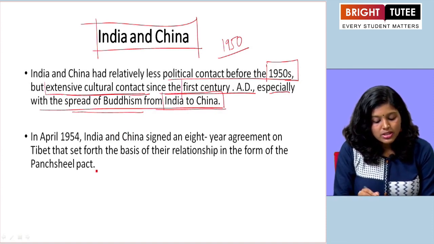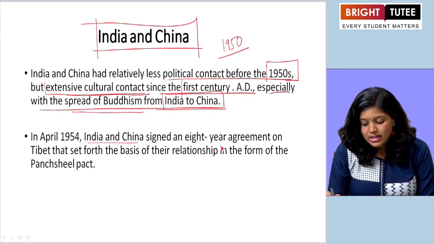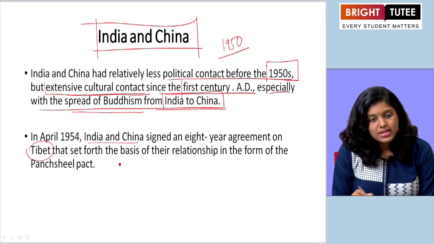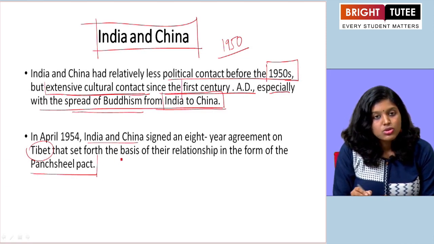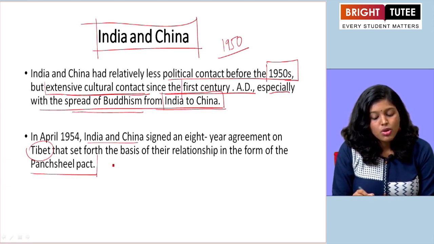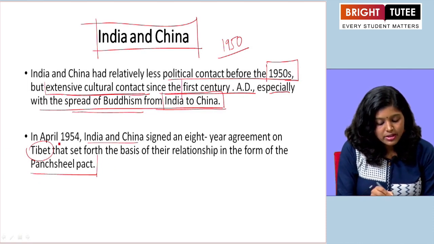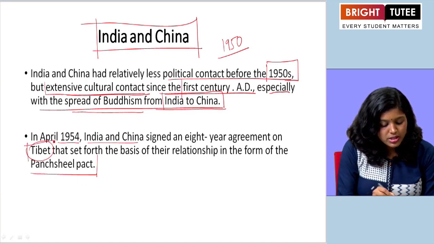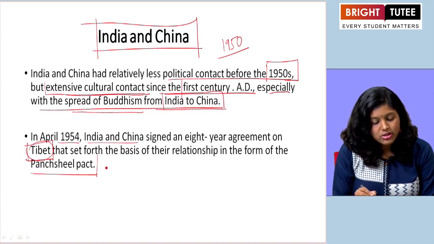And in April 1954, India and China signed an 8-year agreement on Tibet that set forth the basis of their relationship in the form of the Panchsheel Pact.